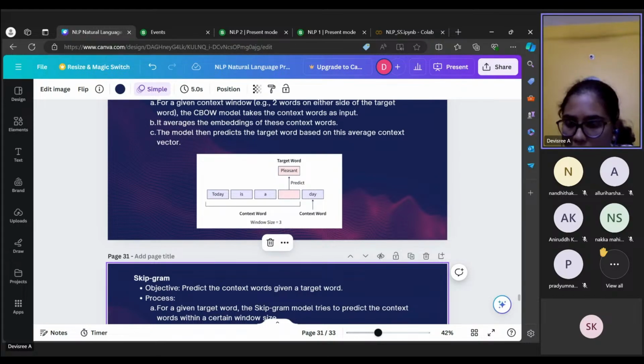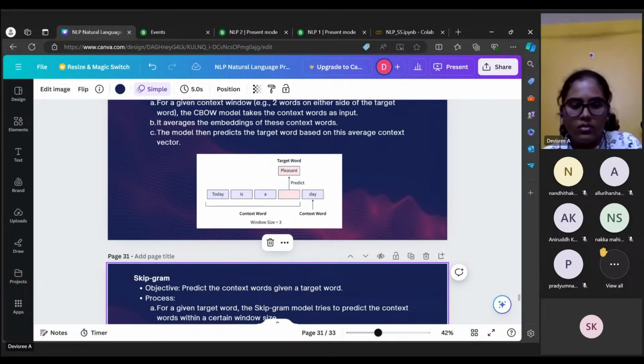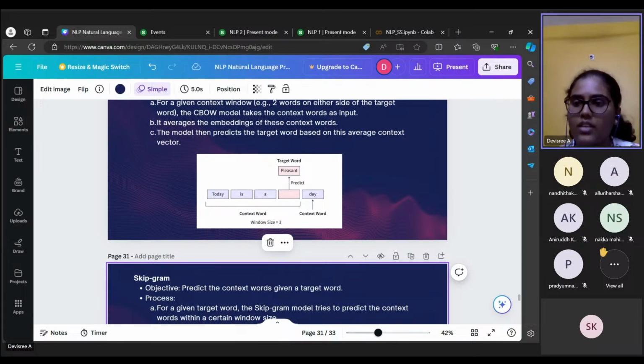Yes, the collab notebook will be shortly shared. Okay, no more doubts? Do you guys have any other doubts? Okay, cool. I'll move on to code implementation.